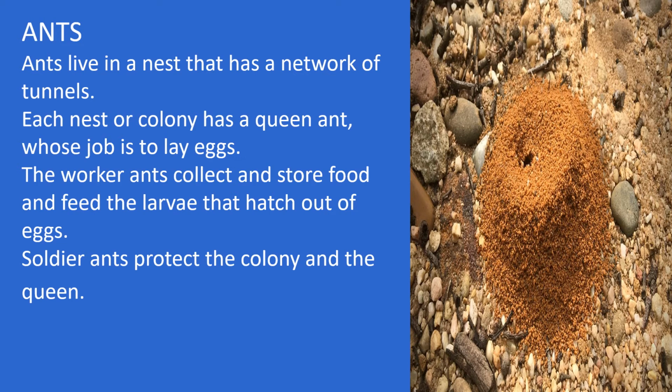Ants. Children, now we will discuss the first social insect, that is ants. Ants live in a nest that has a network of tunnels. Each nest or colony has a queen ant whose job is to lay eggs.